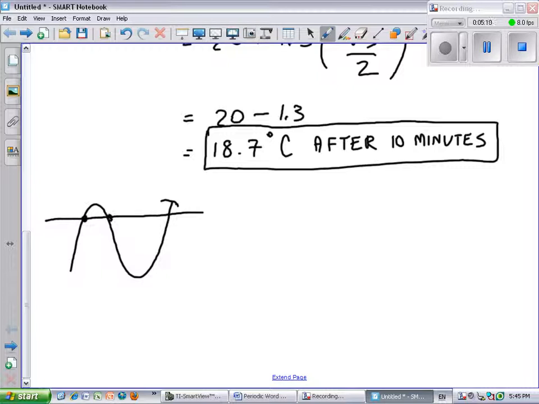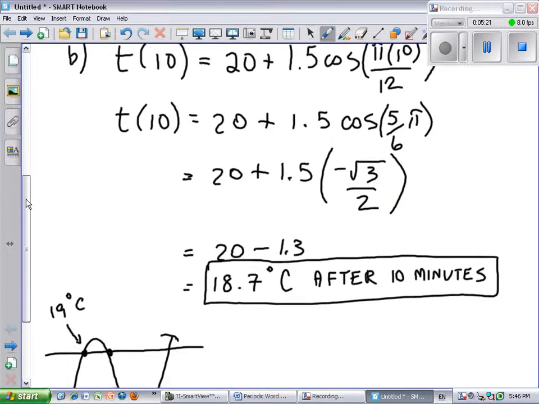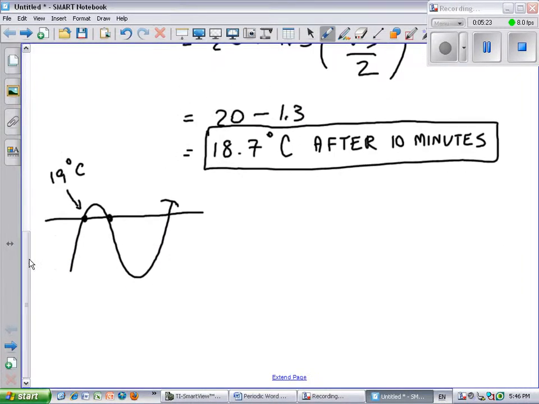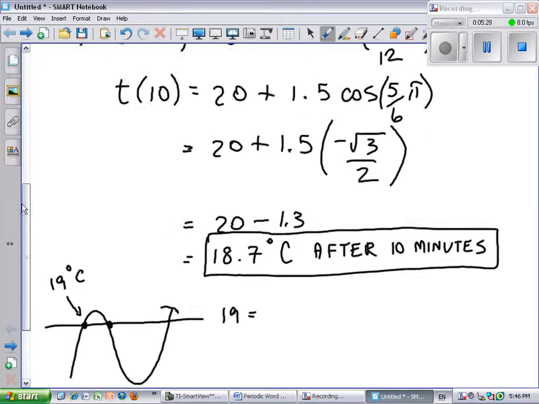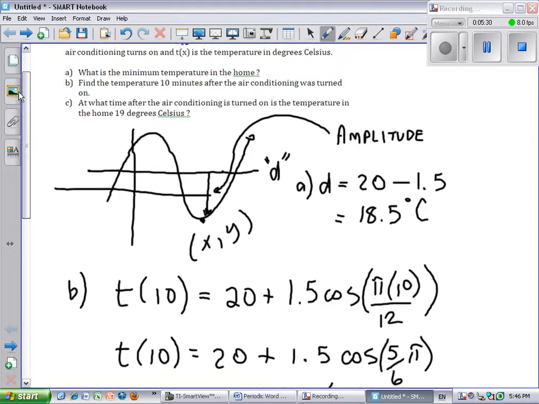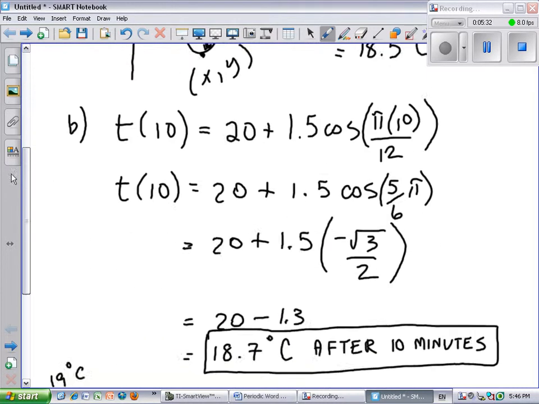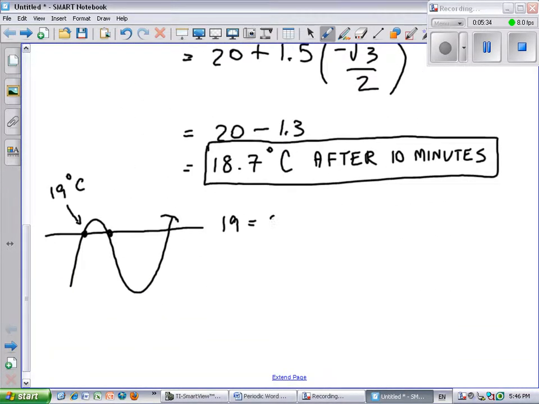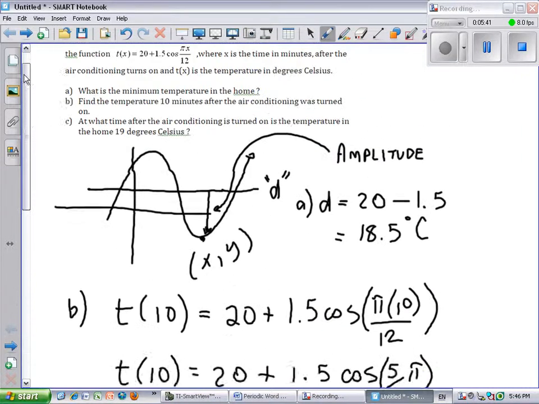So we're looking for this situation where we have a graph and a y value of 19 degrees Celsius. So if we take this equation, we know the temperature has to be a y value of 19 degrees Celsius. We're trying to find out at what time that occurs. So it's 20 plus 1.5, and the original question was cos pi x over 12.